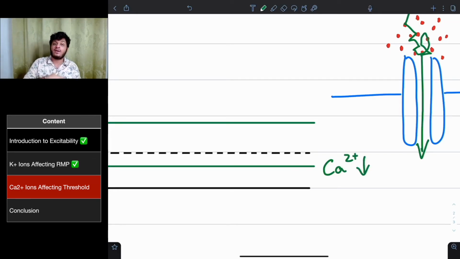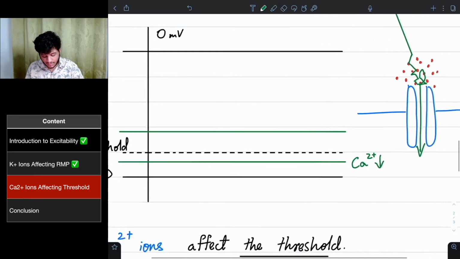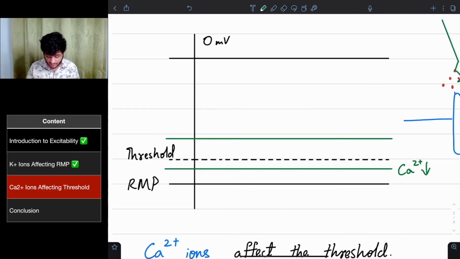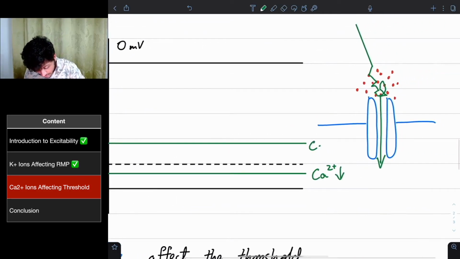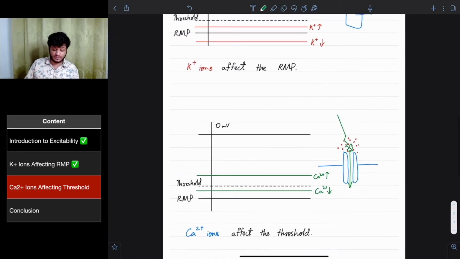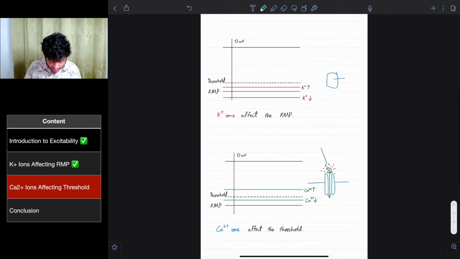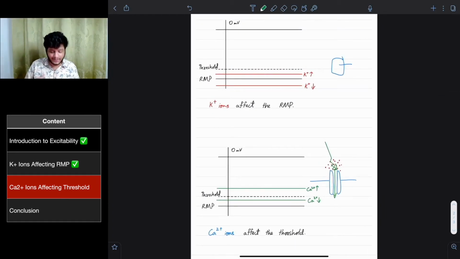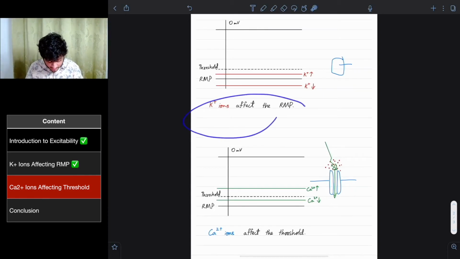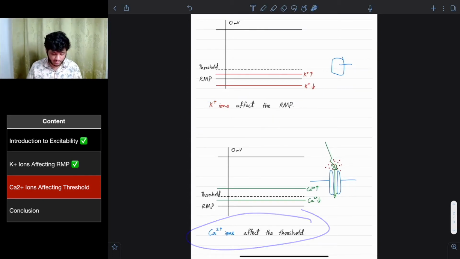And when it's less excitable, meaning fewer sodium ions enter the cell, that's when calcium ion concentration in the blood increases, okay? It's very easy to remember both of these diagrams. First you just have to remember that calcium ions control the threshold, and potassium ions control the resting membrane potential, okay?